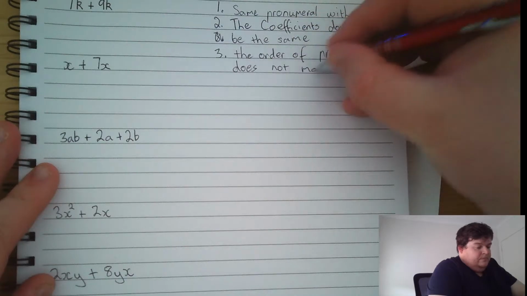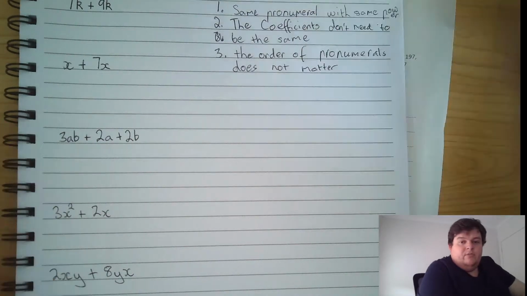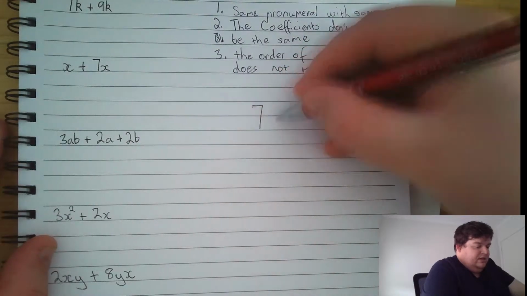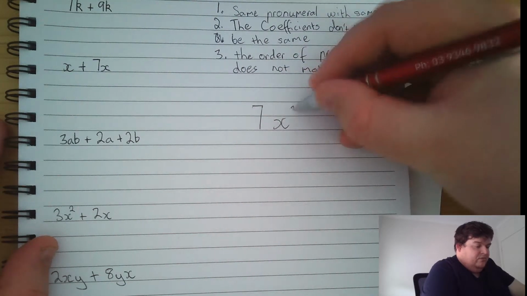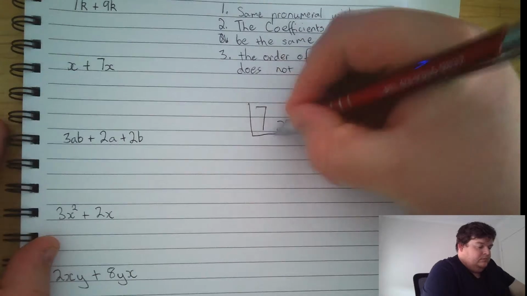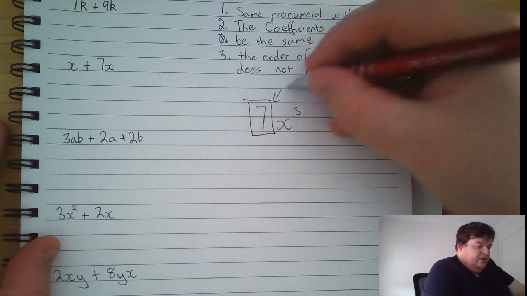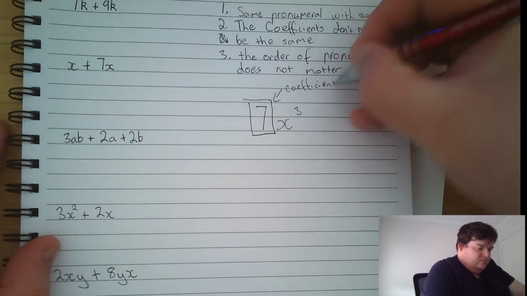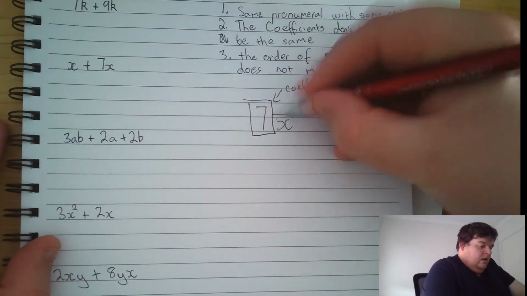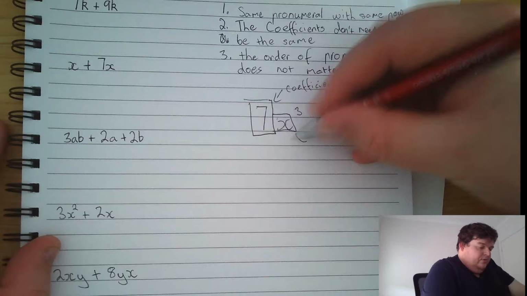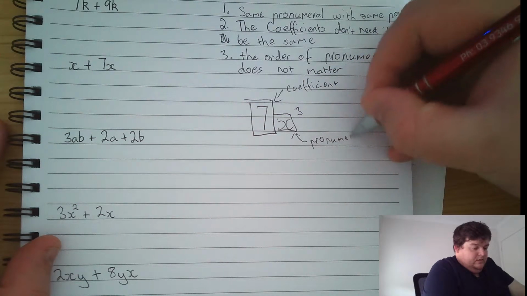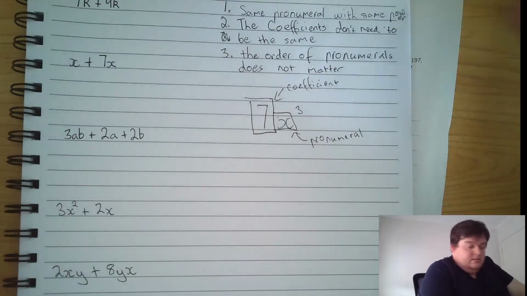All right. And for a quick refresher on pronumerals, coefficients, whatever, essentially if you've got something here like 7x to the power of 3, this value here in the box is the coefficient, right? Meaning the number. This one here is the pronumeral, meaning the letter.